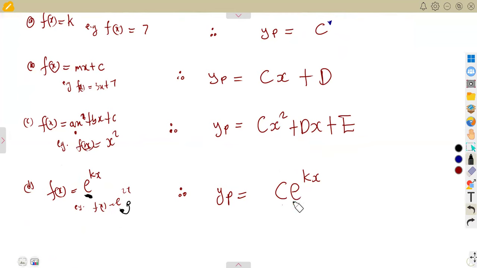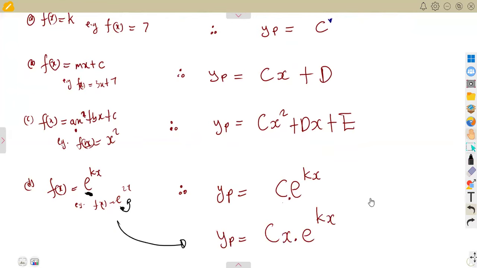You are now going to use yp of the complementary as cx. So it's going to be multiplied by x. So it's going to be cx times e to the exponent of kx. This is how you're going to expand. So like I say, this is a condition whenever you use this one.